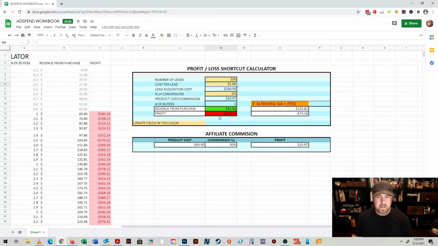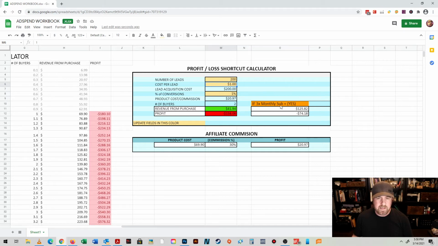But you can see that you're still in a negative profit of 158 here, because even though you have 200 leads that you acquired for $1, that's still $200. After 3 months, you still have 125 of actual revenue that came in.